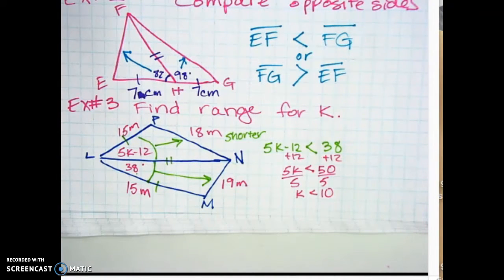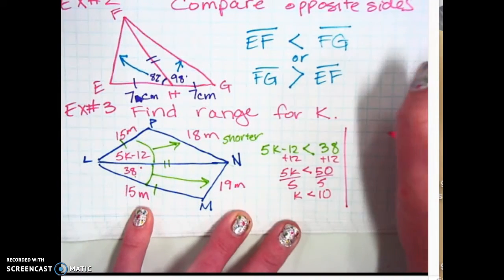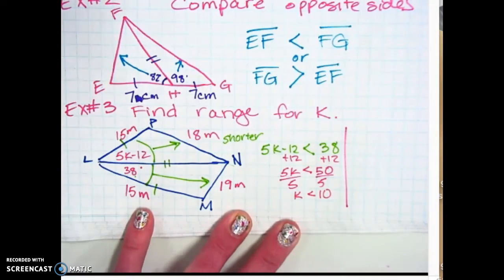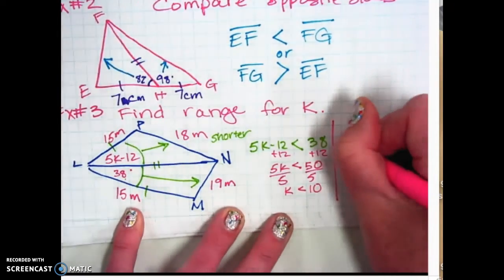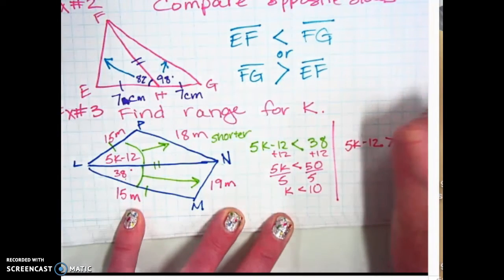Okay? The second part of the inequality is that it also has to be greater than 0, because you can't have a negative side. So you're going to say that 5K minus 12 is greater than 0.